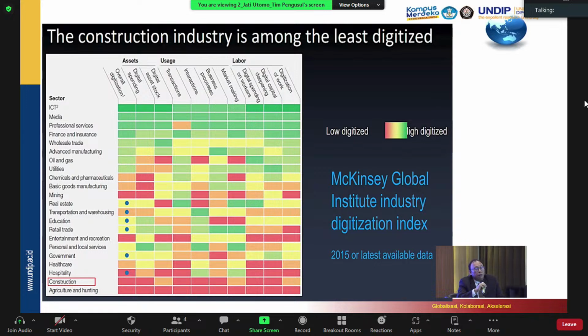One of the biggest challenges is the investment, because to implement this, they need not a small amount of money. Even when I talked to the big companies 4 or 5 years ago, they were still complaining about the value of the investment they have to spend if they use BIM or other digital technology.